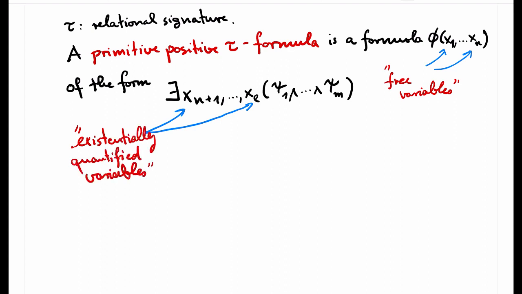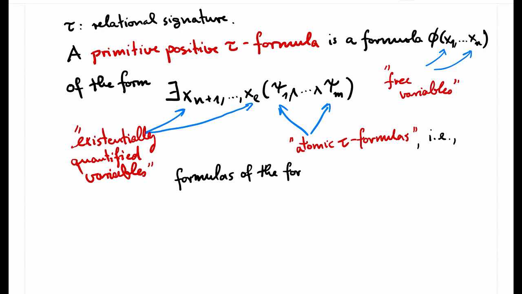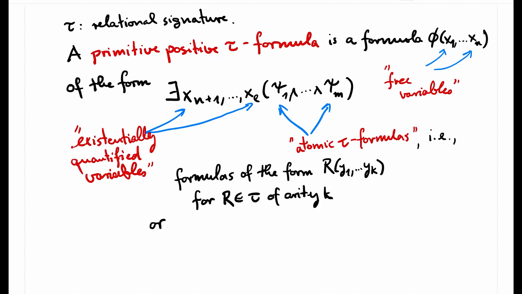An atomic tau formula is a formula which either consists of a relation symbol from tau applied to some of the variables, or an equality of variables, or the bottom symbol, which stands for false. If all of the variables are existentially quantified, then our formula phi is called a primitive positive sentence.